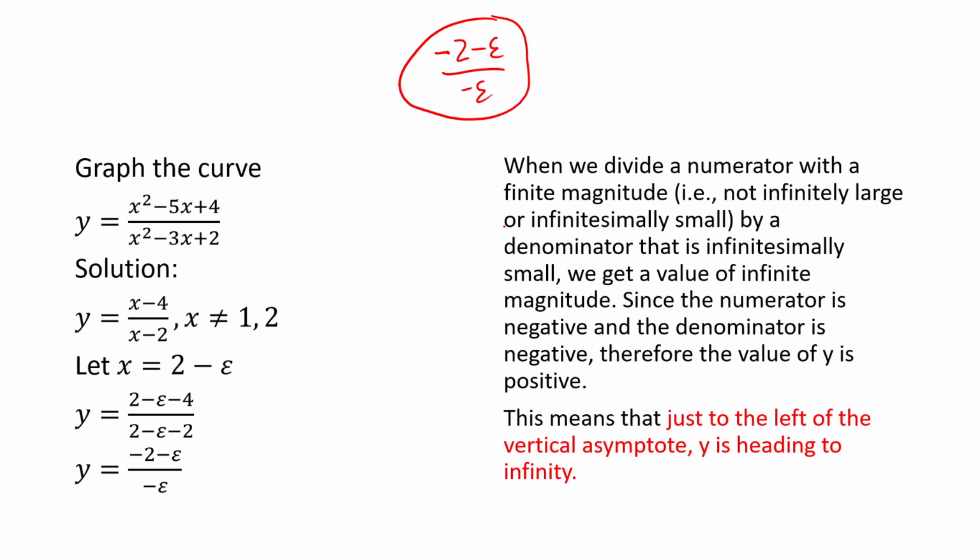So this -2 minus epsilon over negative epsilon will have huge magnitude. Now, since the numerator is negative and the denominator is negative, therefore the value of y will be positive. So this means that just to the left of the vertical asymptote, y is heading to positive infinity.